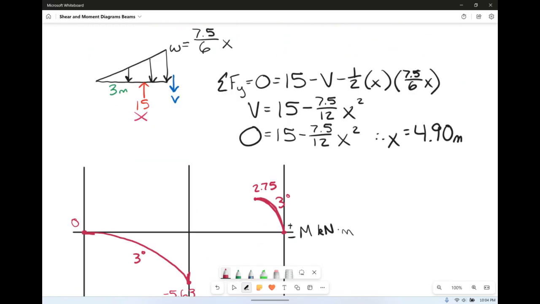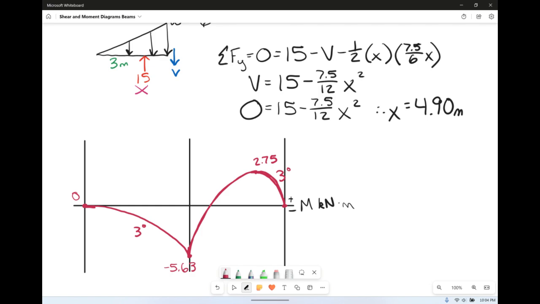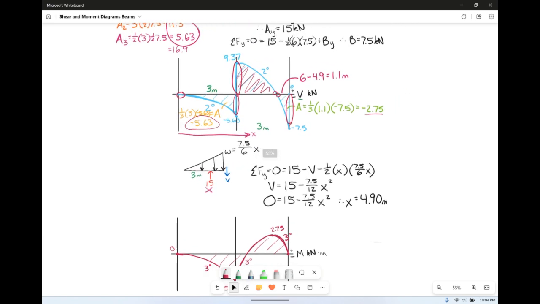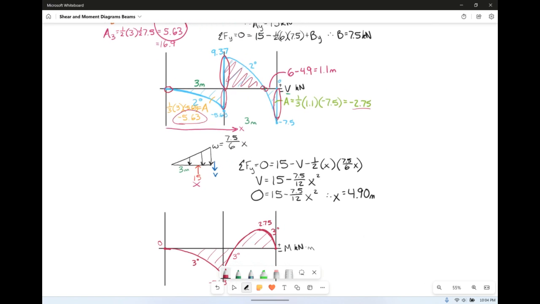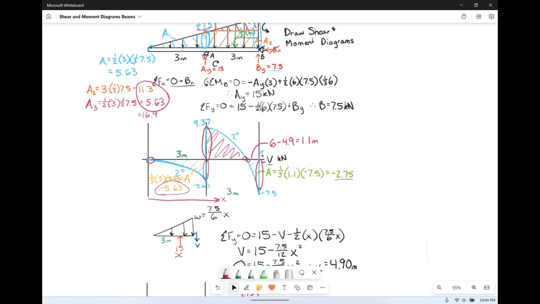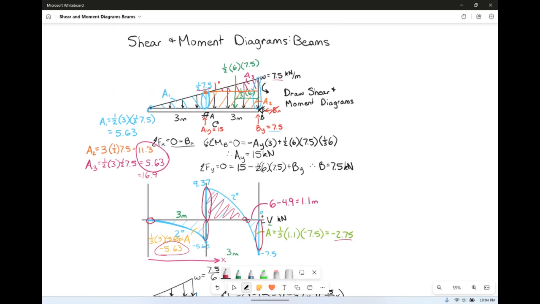We're starting large, ending small. Ta-da. And I don't need to find the value because I already did. It's 2.75. So again, this is a 3rd degree curve, and there is my moment diagram. My shear diagram did get a little bit disgusting there, but there are my shear and moment diagrams for a not very fun beam.